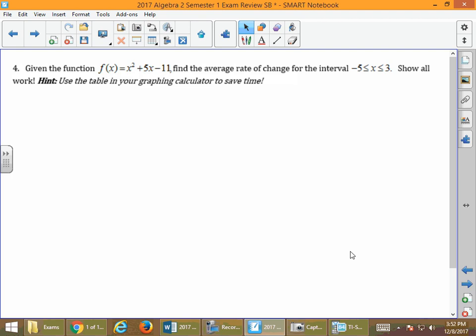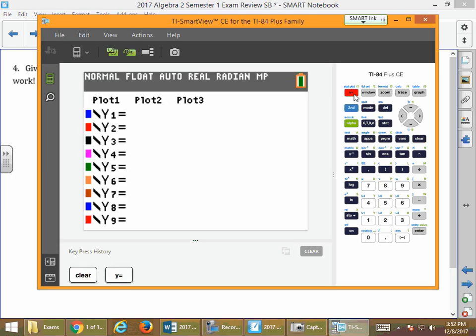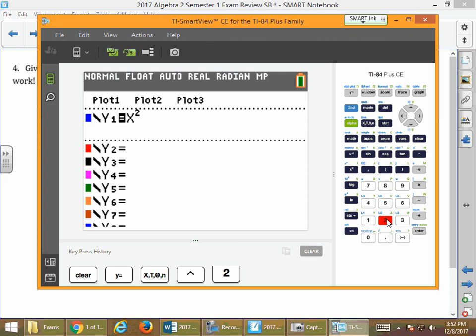So we pull up the calculator, and we're going to go to y equals, and we're going to type in our function here of x squared plus 5x minus 11.